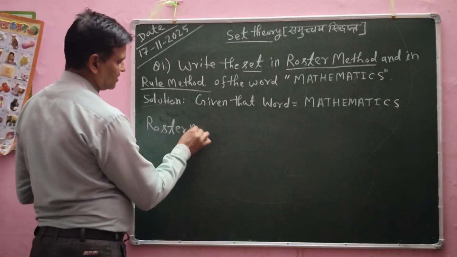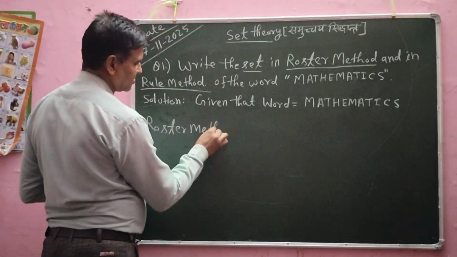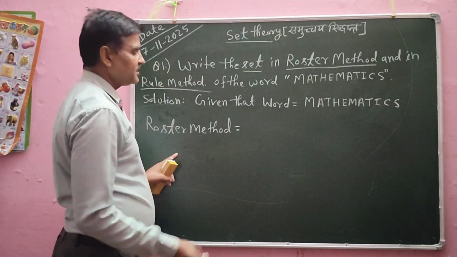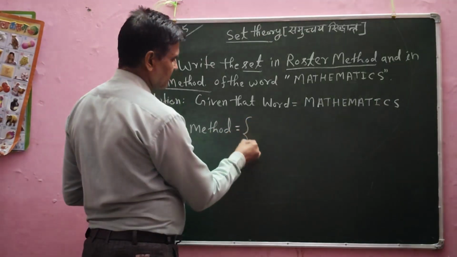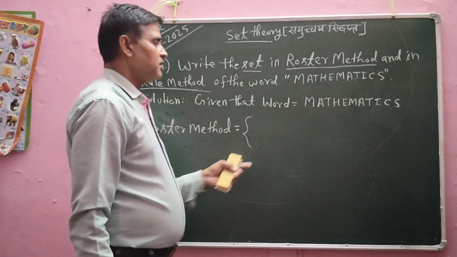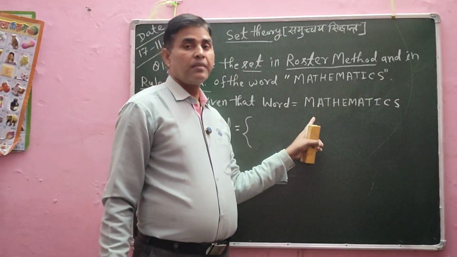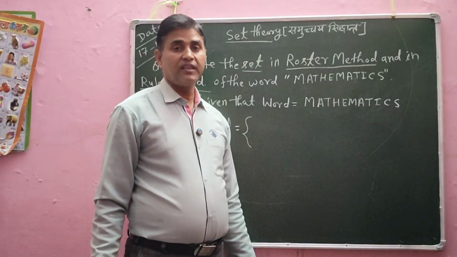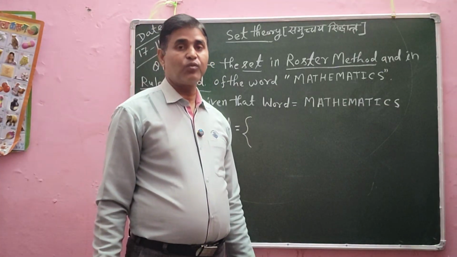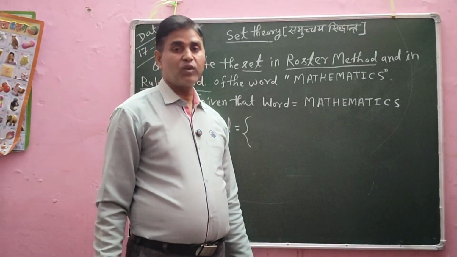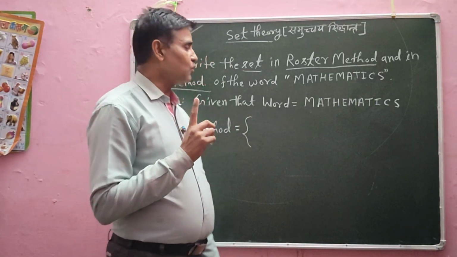Roster method. In this case I will write each alphabet here, but if a single alphabet matches more than one time, I will write it one time.